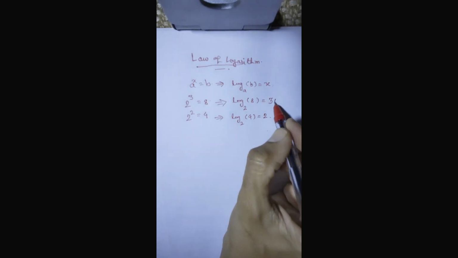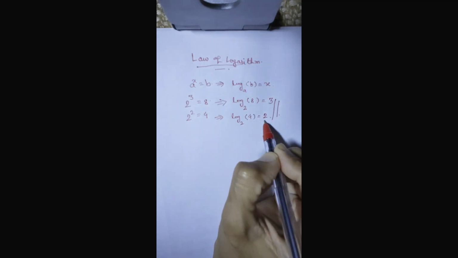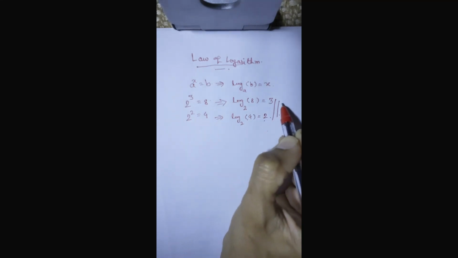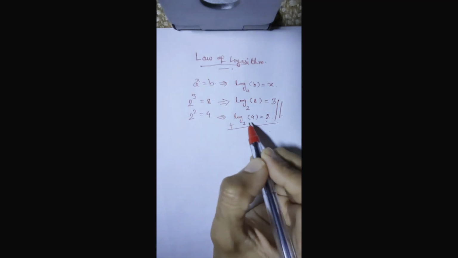Okay. Now if I add these two, what will I get? LHS plus LHS is equal to RHS plus RHS. I am just adding these two things.